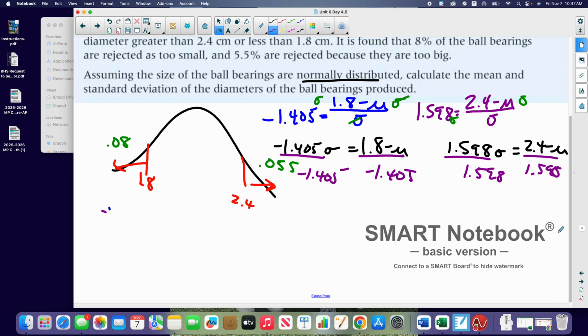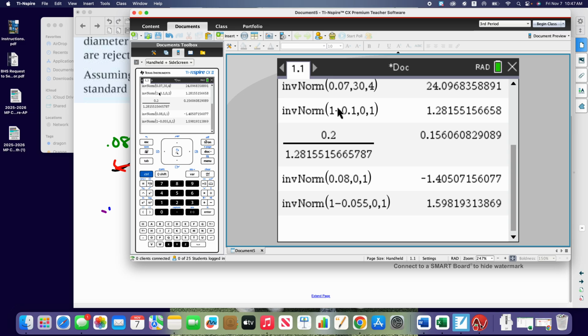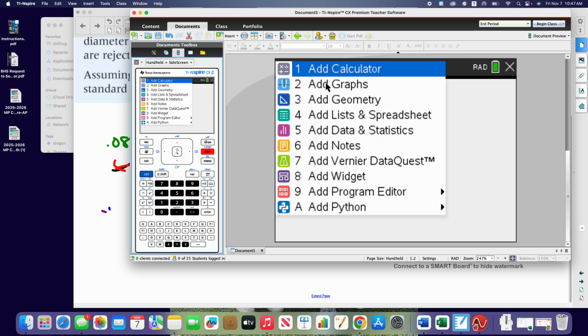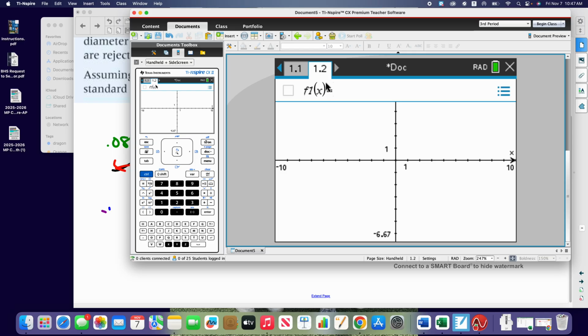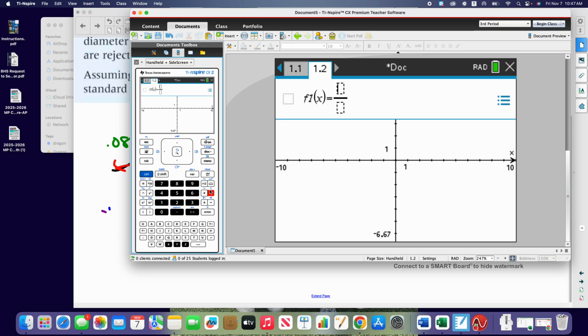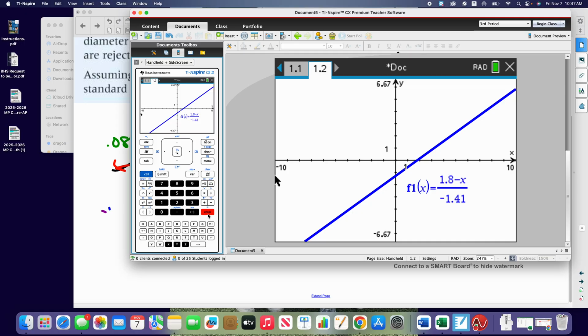So if I go to my calculator now, I could go control doc, and I could add a page, and I could add a graph. So it's standard deviation, which I'm saying is the y value, and it's control division, and it was 1.8 minus x over negative 1.405. So I just changed the variables, all I did, put them in the calculator, all right? So there was that one.